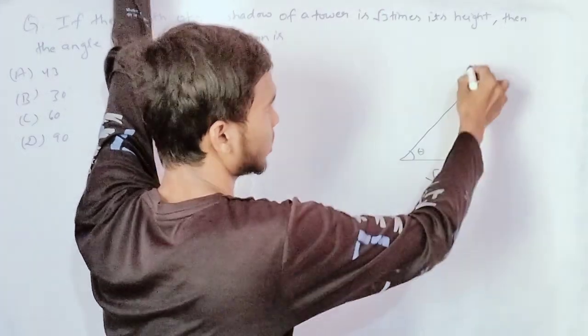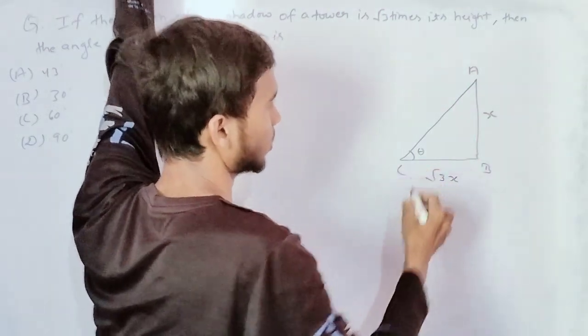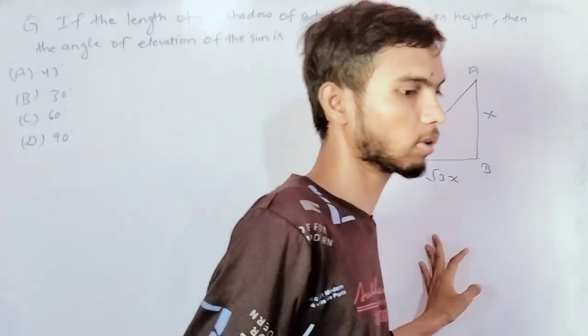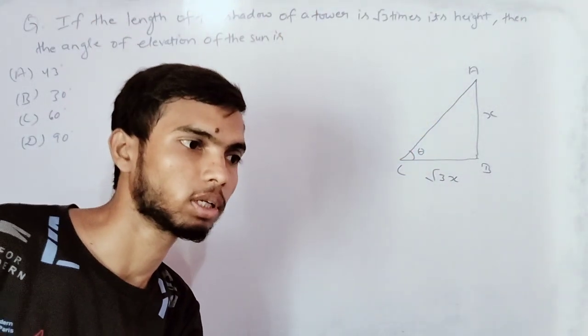We have to find this. Here the length of the shadow is root 3 times.